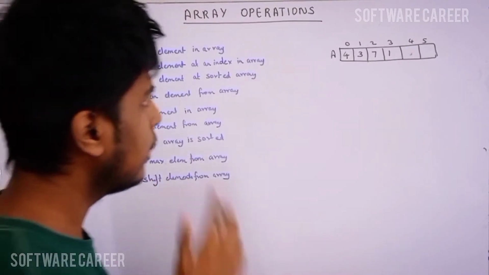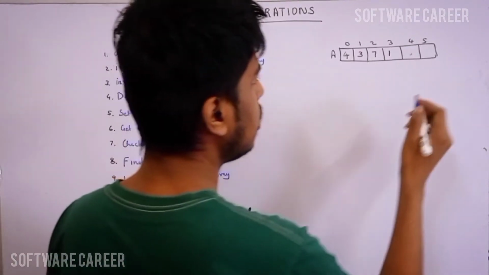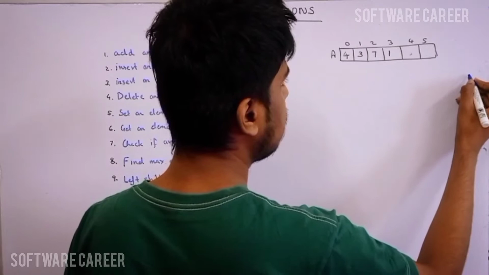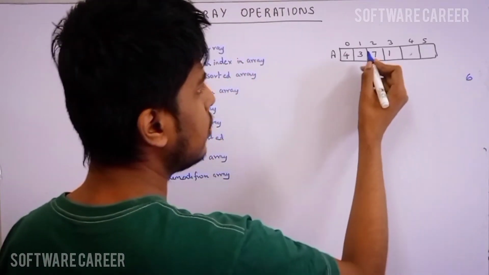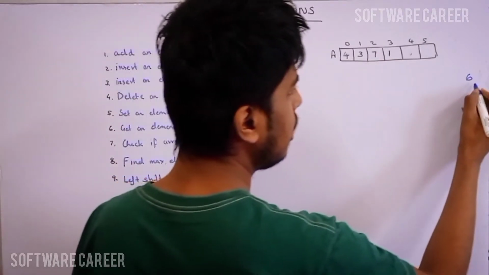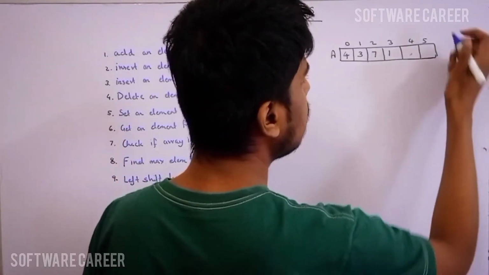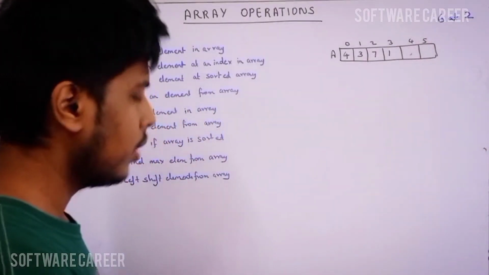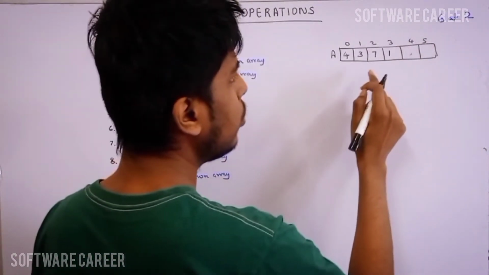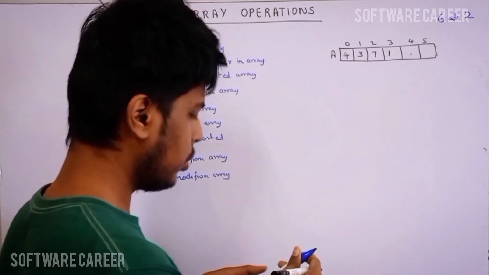Suppose this is the array. Now you want to insert suppose 6 at index 2. Now how should I start?